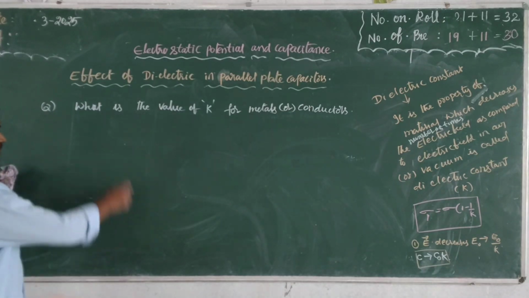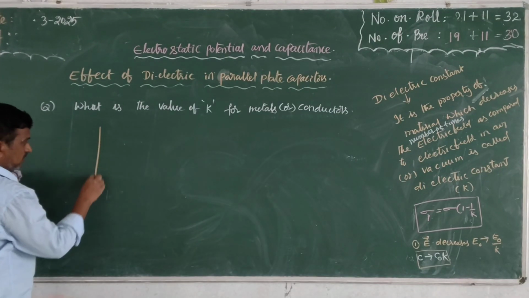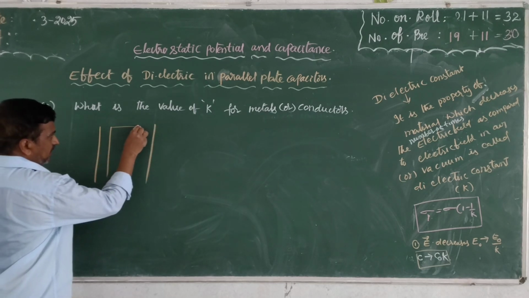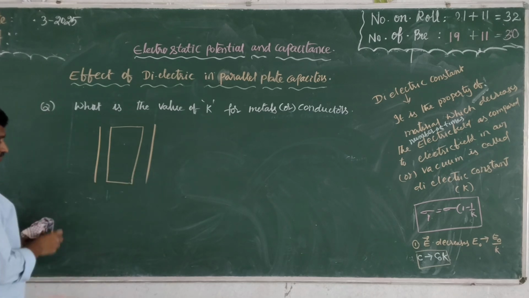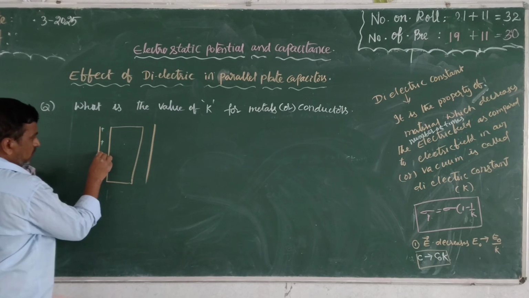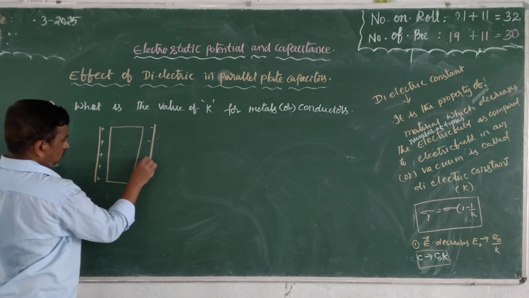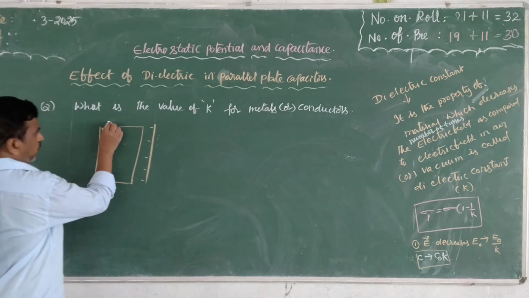What is the value of K for metals? For example, here are the parallel plates, and the dielectric here is a metal. Metal means conductor. This plate is positive, this is negative, so the electric field goes from positive to negative.